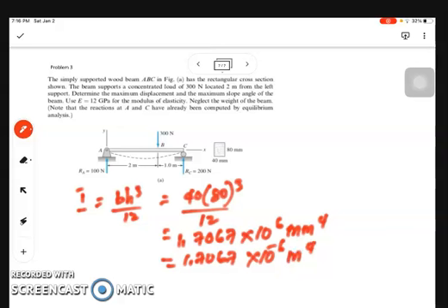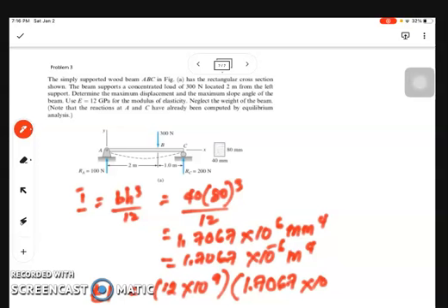And our flexural rigidity, which is EI, will be equivalent to 12 times 10 to the 9th multiplied by 1.7067 times 10 to the negative 6th.